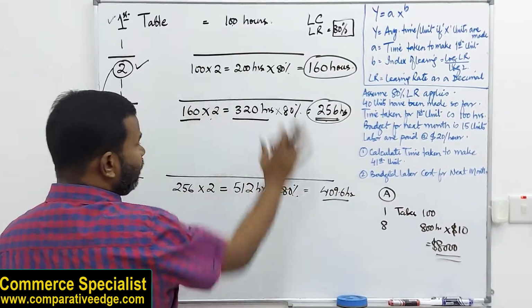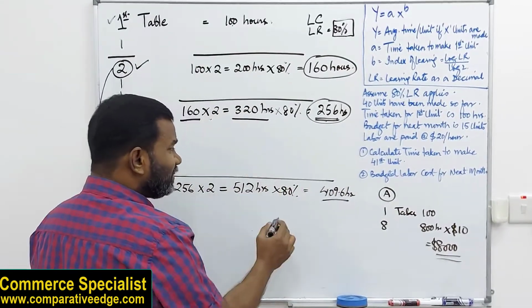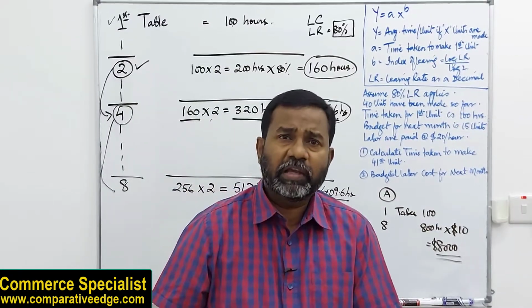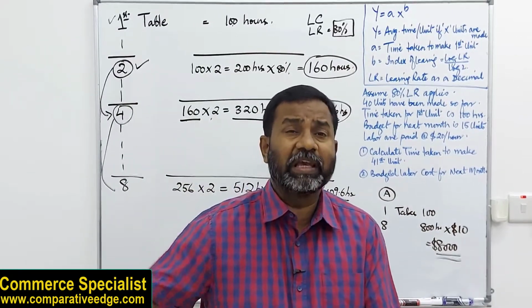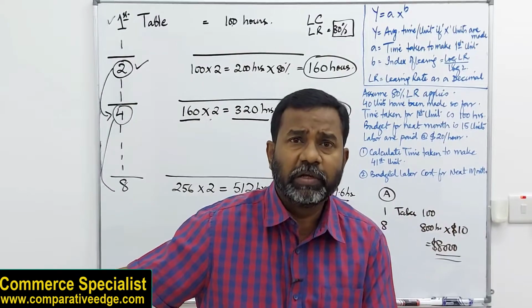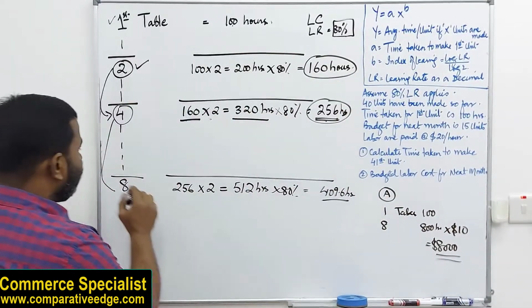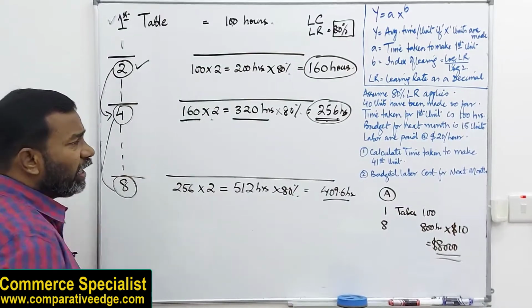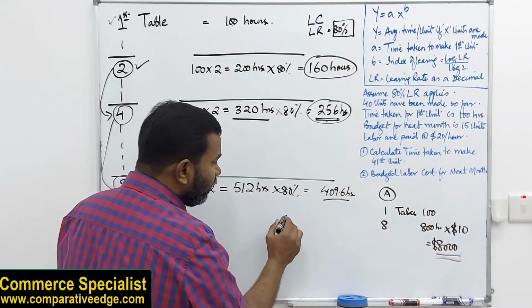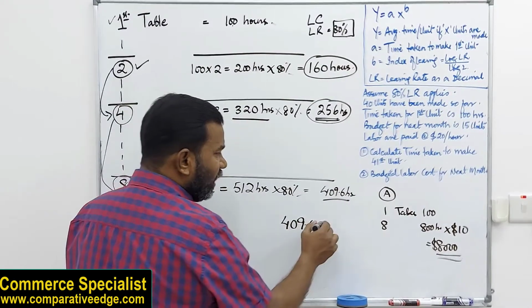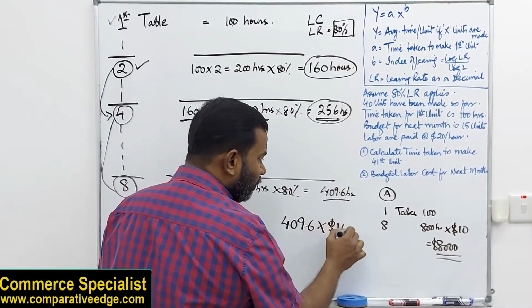But company B understands that every time production doubles, there is some learning taking place, and that can be calculated from historical figures. So here I have just assumed 80%, which means if a customer places an order for 8 tables, company B will be billing 409.6 labor hours into $10.